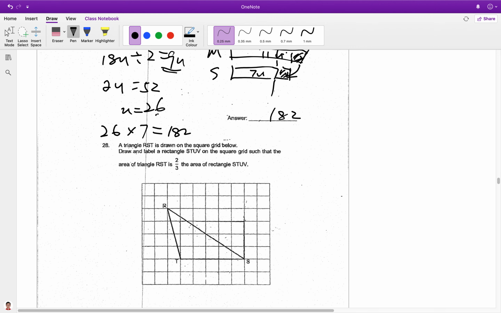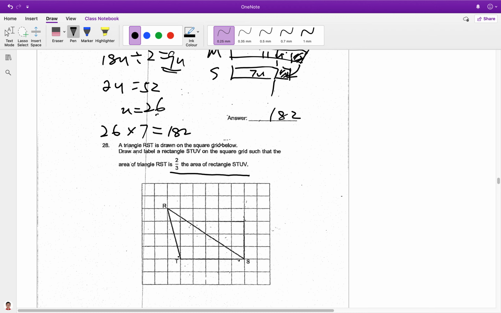Question 28. A triangle RST, right, is drawn on the grid as below. So draw and label a rectangle STUV on the square grid such that the area of the triangle is 2/3 of the area of the rectangle.